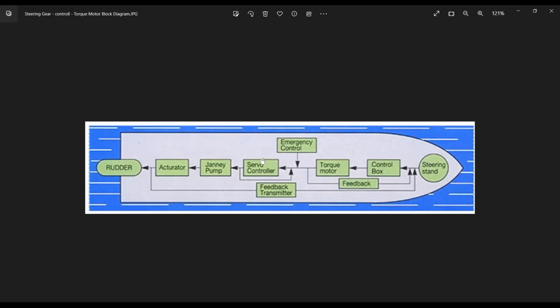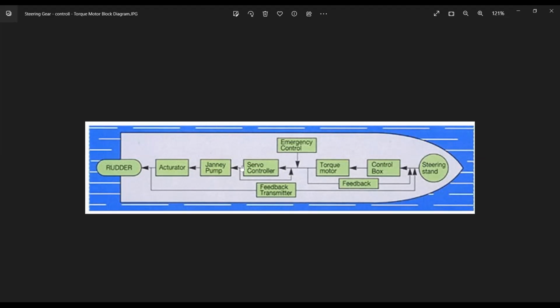Which means there is again a hydraulic servo controller. The servo controller has a small input of hydraulic oil at constant pressure, and it will depend on the output of the torque motor. It will give its output to this Jenny pump. The Jenny pump is a type of rotary piston pump, which takes care of the output for the steering gear controls.